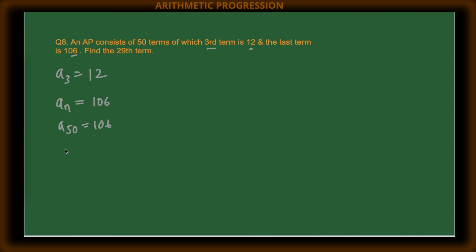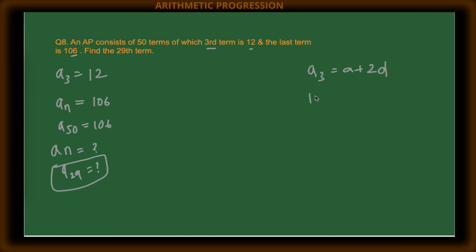So we need to find the nth term, here the A of 29. Basically this is the one which we need to find. Let's try to solve it. By the given information, A3 is given, so how do we represent A3? A3 can be represented as A plus n minus 1 times d, which in this case is A plus 2d.